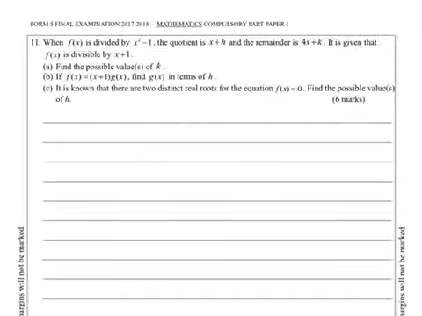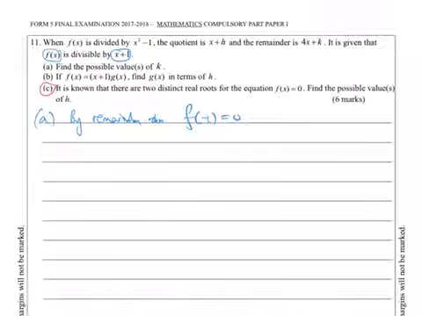Now for question number 11, part C is quite difficult, but parts A and B are not difficult. Now for part A first, because f(x) is divisible by x plus 1, by the remainder theorem, f of minus 1 should be 0.